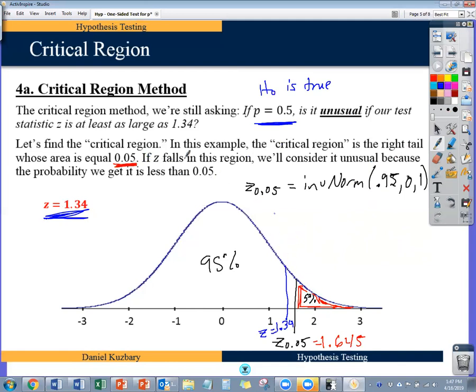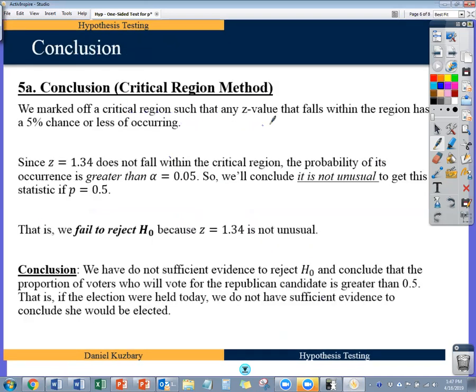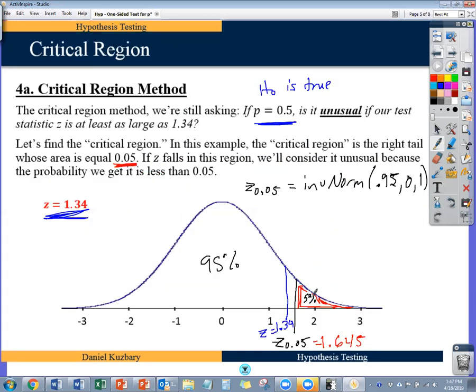So if we said if it does fall on the upper 5%, the extreme things, we'll call it unusual. Since it doesn't fall on that upper extreme tail, we're not going to call it unusual. In other words, we're going to say that since Z does not fall in the critical region, the probability of its occurrence is greater than 5%. So anything in here is under 5% chance of happening.